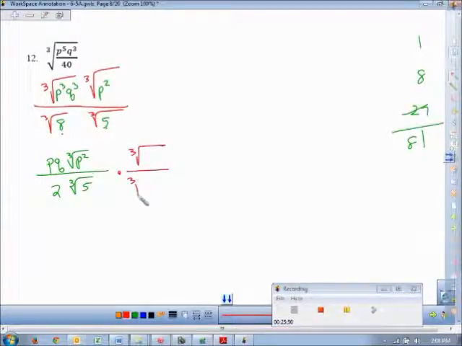You definitely need to multiply by a cube root over a cube root, but this just ain't going to do it. Because the cube root of 5 times the cube root of 5 is the cube root of 25. Right? Isn't 5 times 5 25? And last but not least, 25 is not a perfect cube. You with me on that? I have to get a perfect cube underneath here.